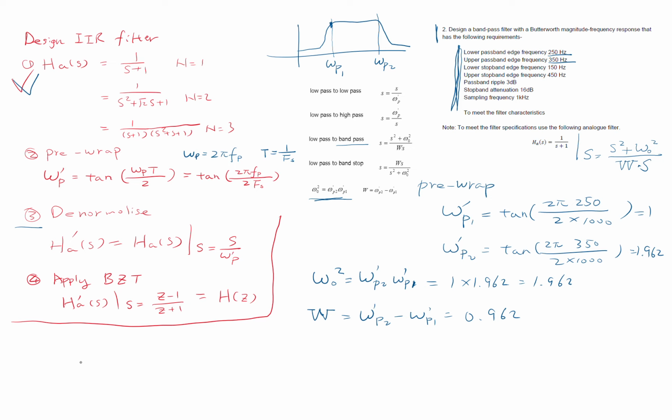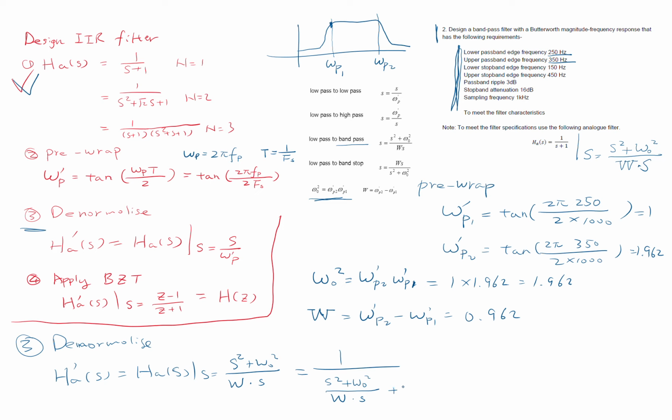Next, since we already got everything, let's apply the third step, normalize. H hat of S equals H of S, and you replace that S with that number: S squared plus omega naught squared, divided by W multiplied with S. Our template is really simple, 1 over S squared plus omega naught squared over WS, plus 1.